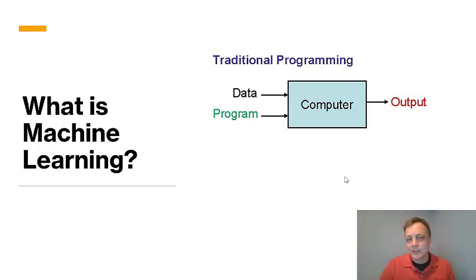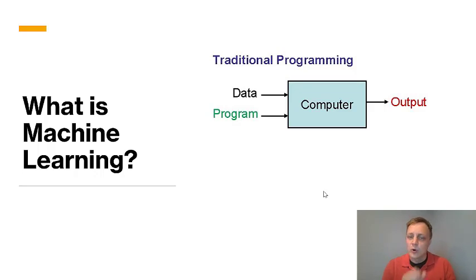This diagram illustrates exactly that, right? So for traditional programming, you have a computer, you give it some sort of data, and you write your own program or computer code to do something with that data, right? As a result, you generate some sort of output that you wish to produce. And this is how computer coding typically is done, right?